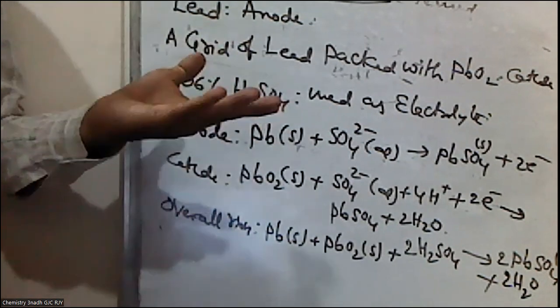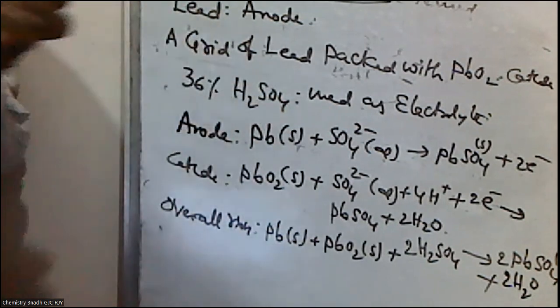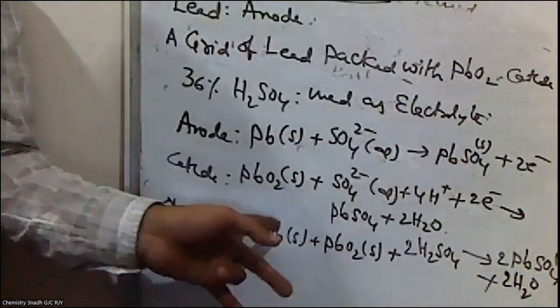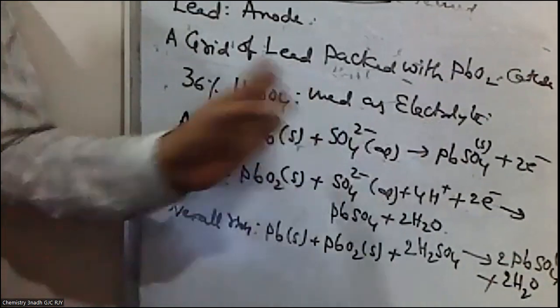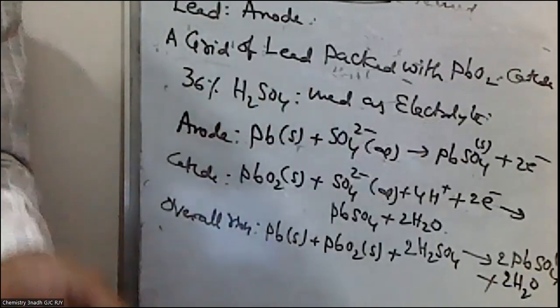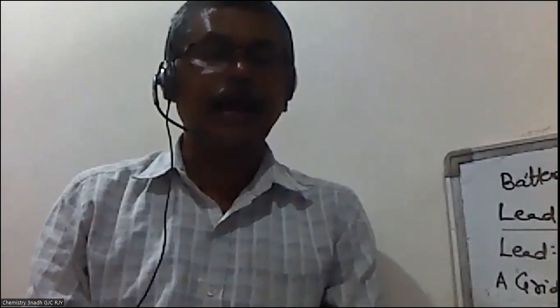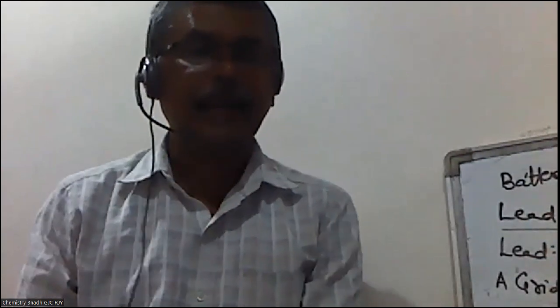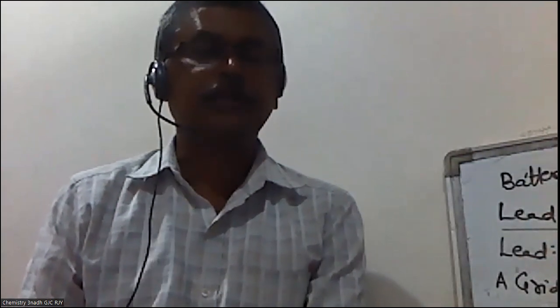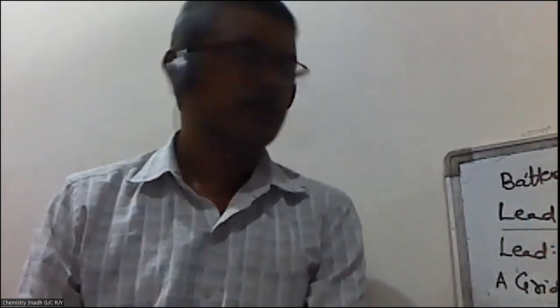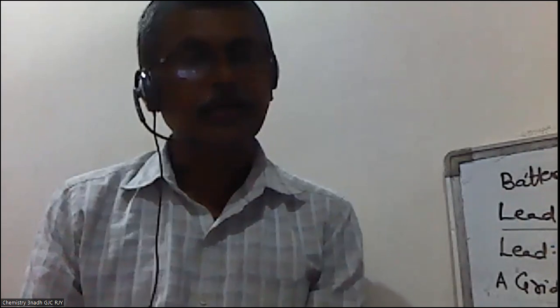On charging the discharged battery, the above reactions are reversed. Whatever reactions we have discussed will be reversed at anode and cathode. So in the secondary battery, lead is used as the anode, a grid of lead packed with lead dioxide acts as the cathode, and 36% H2SO4 is used as the electrolyte.